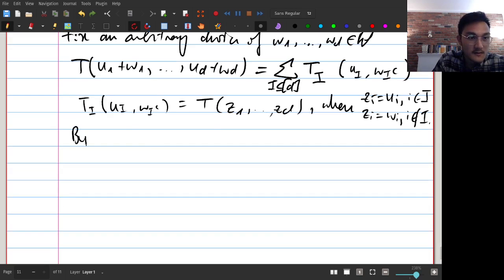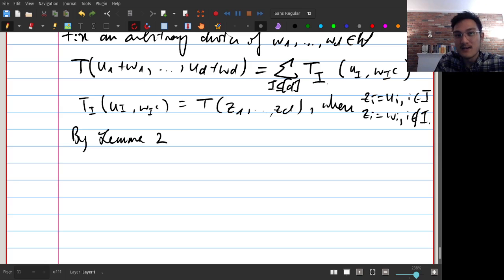Okay, so by lemma 2, this is exactly how we need it, right? Because each of these is an order I tensor. If we fix W1 up to WD, this is an order I tensor in UI.